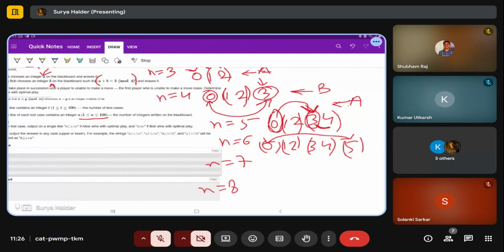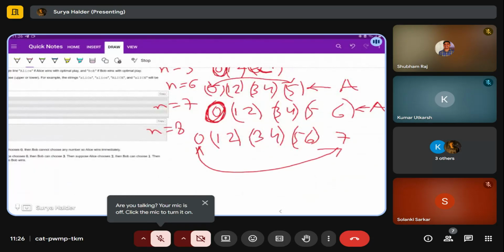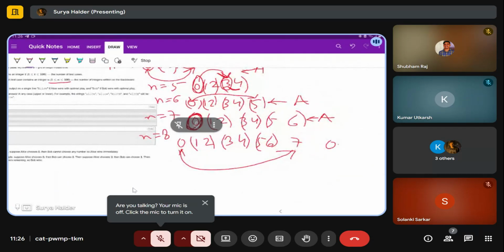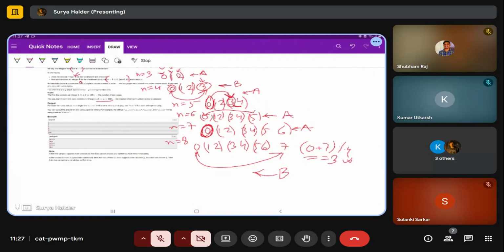That is why this cannot work. For n equals 8, we can group 0 and 7, because 0 plus 7 modulo 4 is equal to 3. So the condition is satisfied, and in this case, Bob will win.